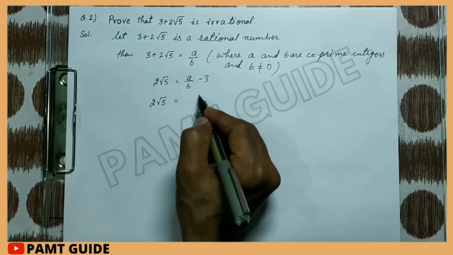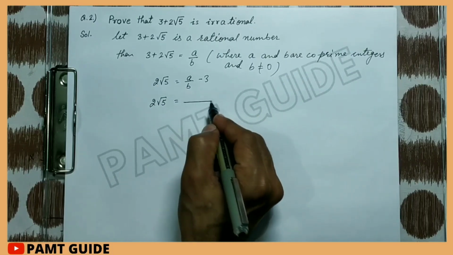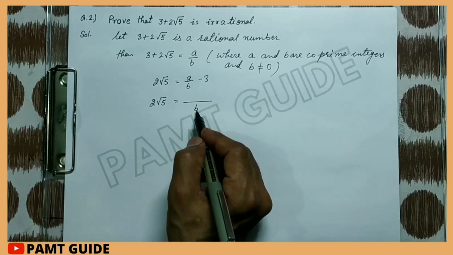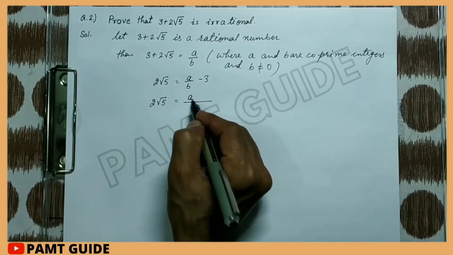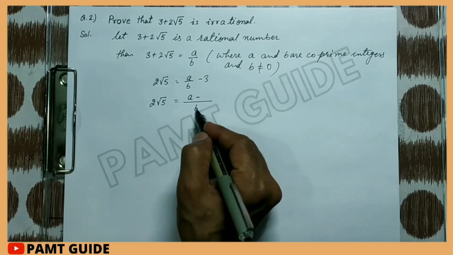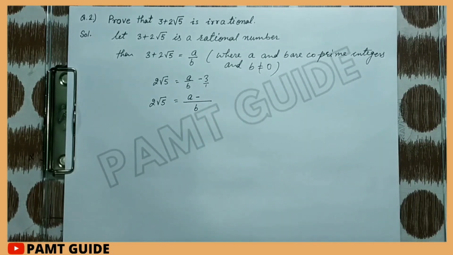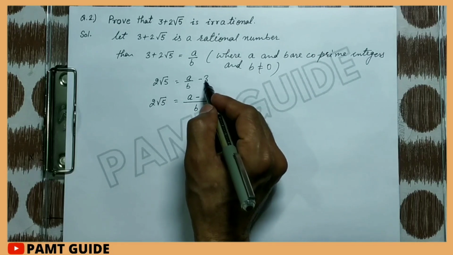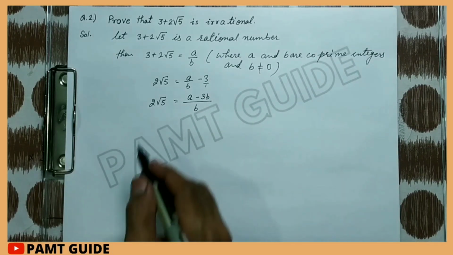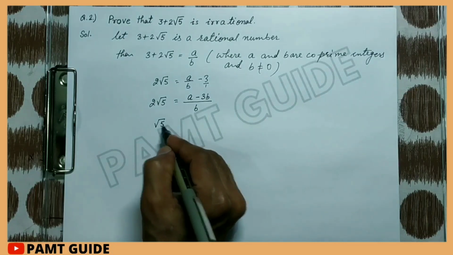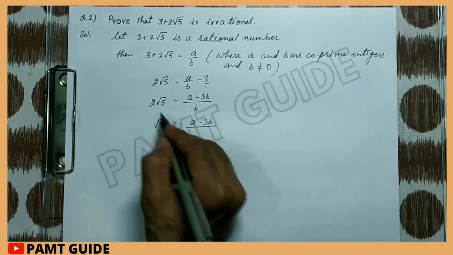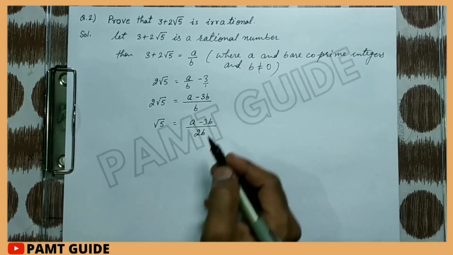The LCM is b, then b divided by 1 gives b, multiplied by a gives a. Now b divided by 1 is b, then b multiplied by 3 gives 3b. Now root 5 will be equal to a minus 3b upon 2b.